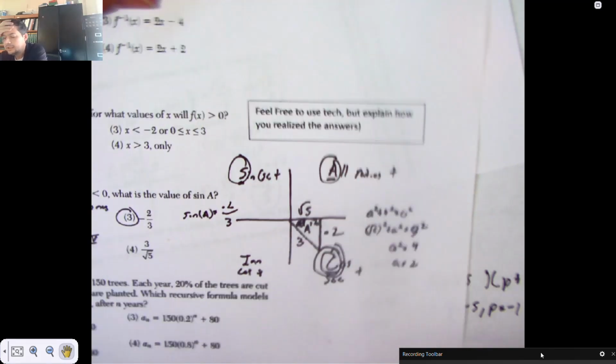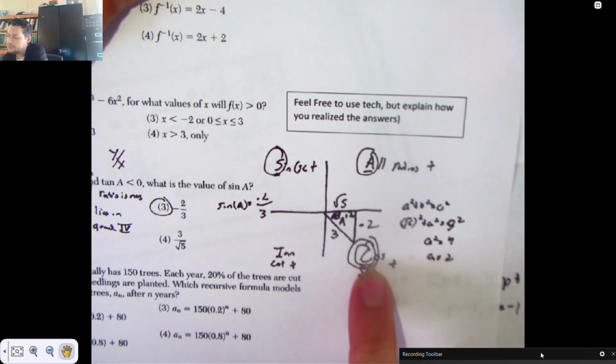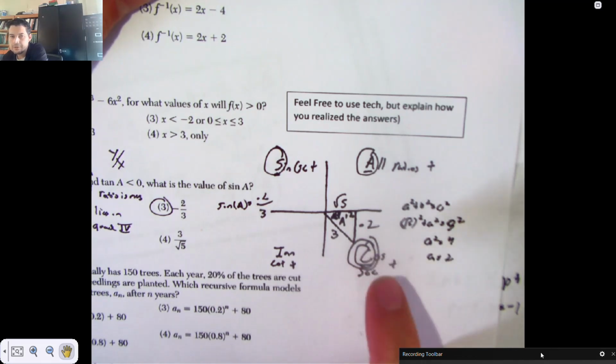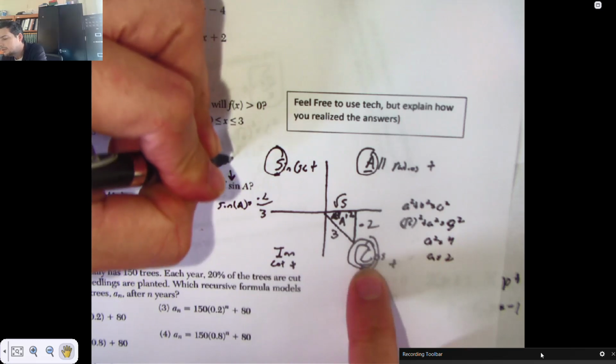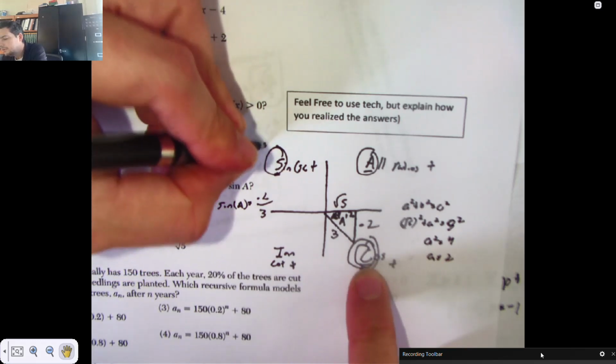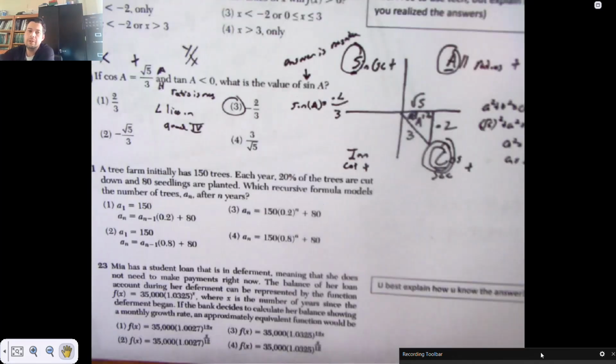Choice 3. Now, ASTC also tells you something. The only thing that's allowed to be positive in this quadrant is either cosine or secant. So by default, the answer is negative. Welcome to Trig.